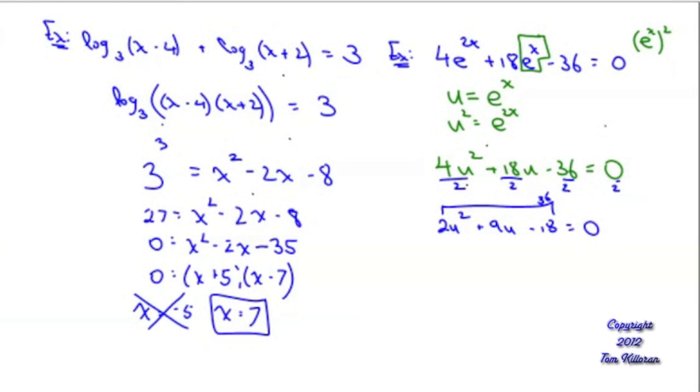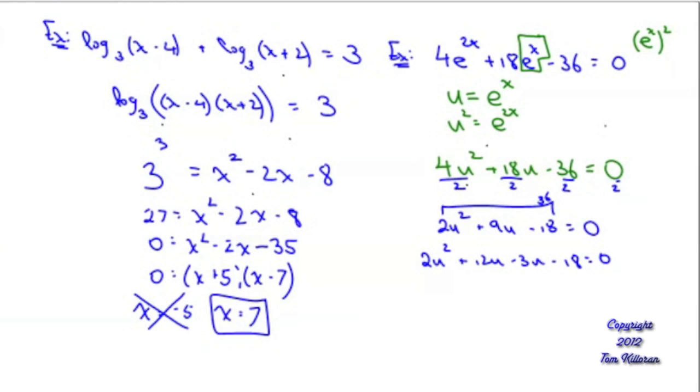Factors of 36 that subtract up to 9. 12 and 3. Oh, yeah. So, 2u squared plus 12u minus 3u minus 18 is equal to 0. Everybody forgets the easy ones, 12 and 3. You're all like 9 and 4, 6 and 6.